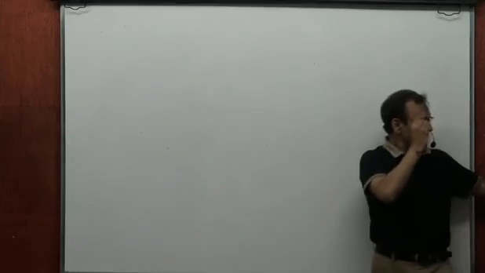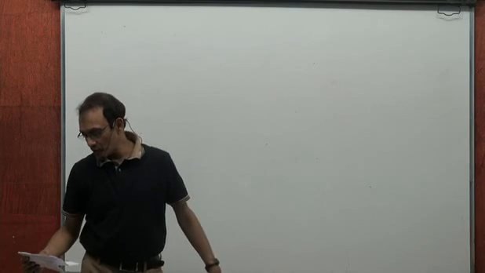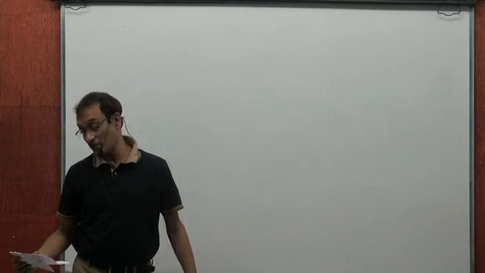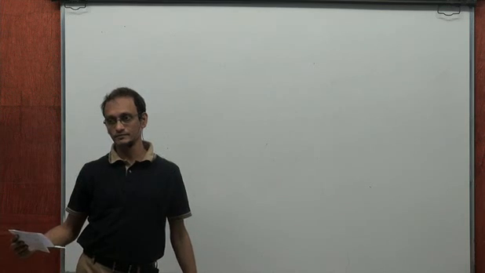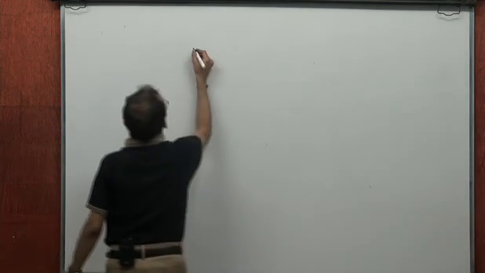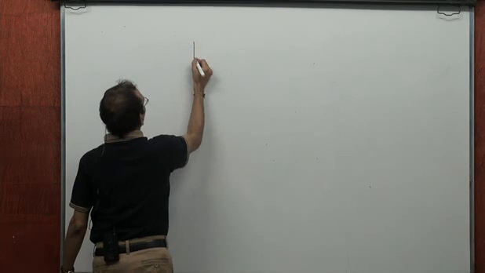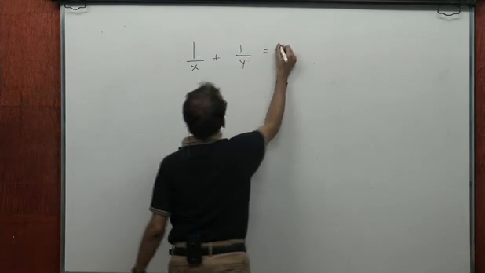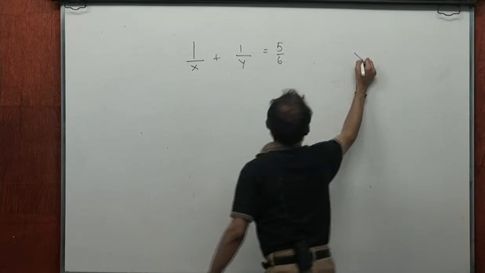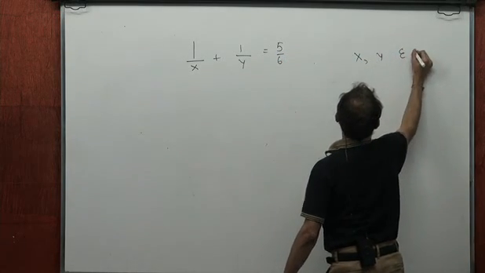So let these problems act as my mouthpiece. The first problem is 1 by x plus 1 by y is 5 by 6, where x and y are natural numbers.